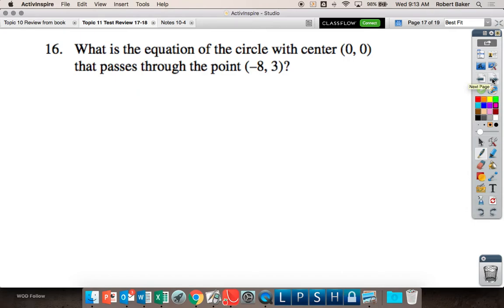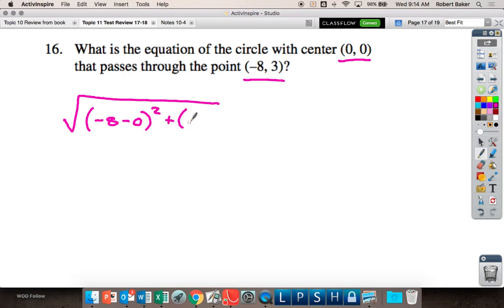What is the equation for the center of the circle 0, 0 that passes through the point negative 8, 3? So now the center of our circle is at 0, 0, and it passes through the point negative 8, 3. So we have to do the distance formula again. We can do x2 minus x1 squared plus y2 minus y1 squared.